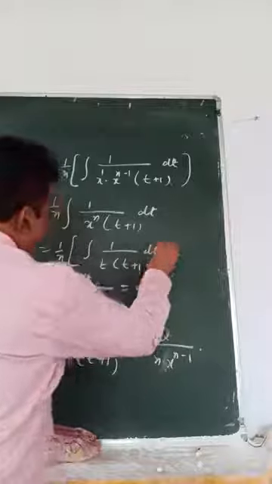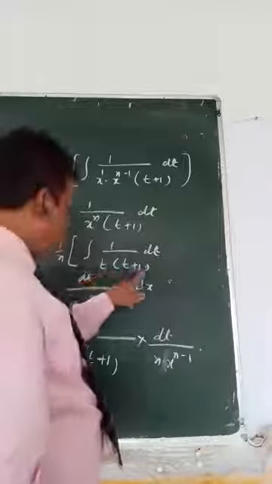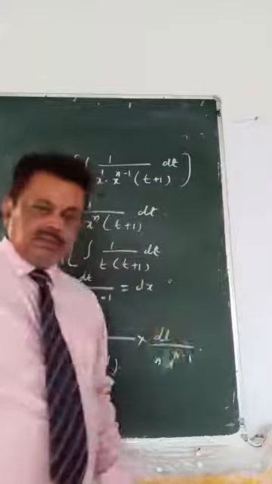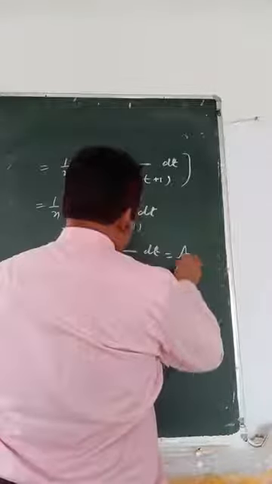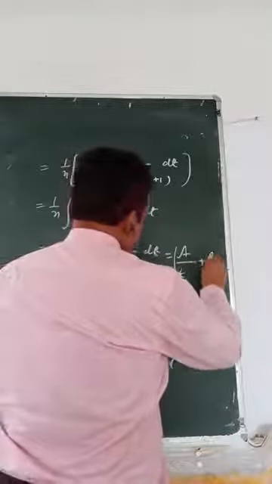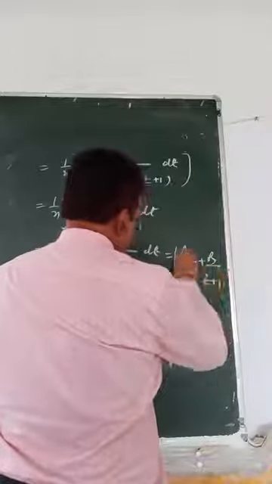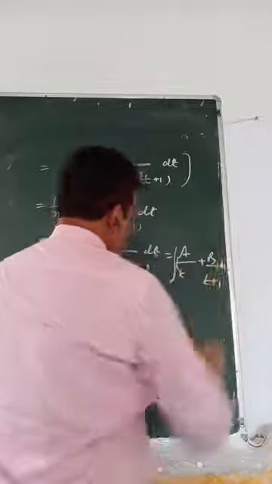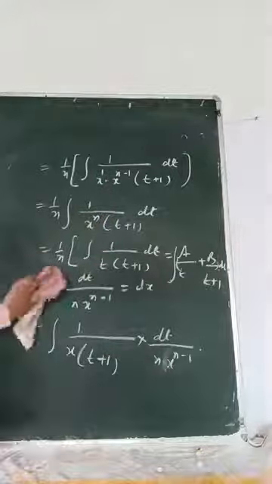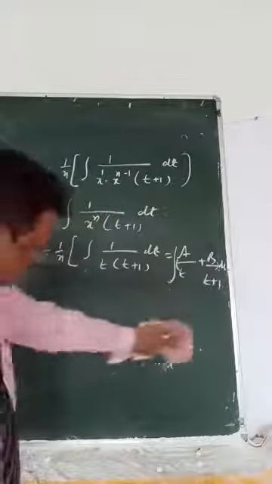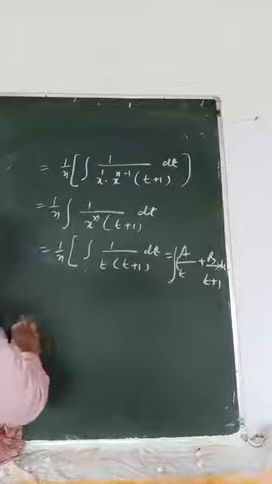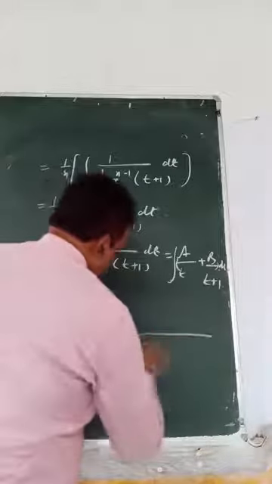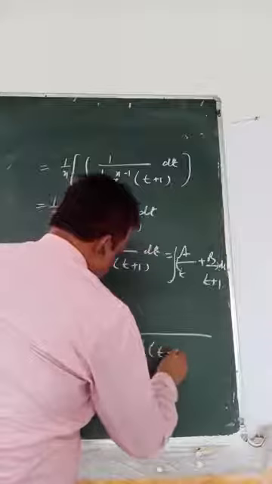Now look at the algebraic form, partial fraction, degree is 1. So what do you do? Now a by t, b by t plus 1. Same method, so we have to proceed. So the LCM is t into t plus 1.